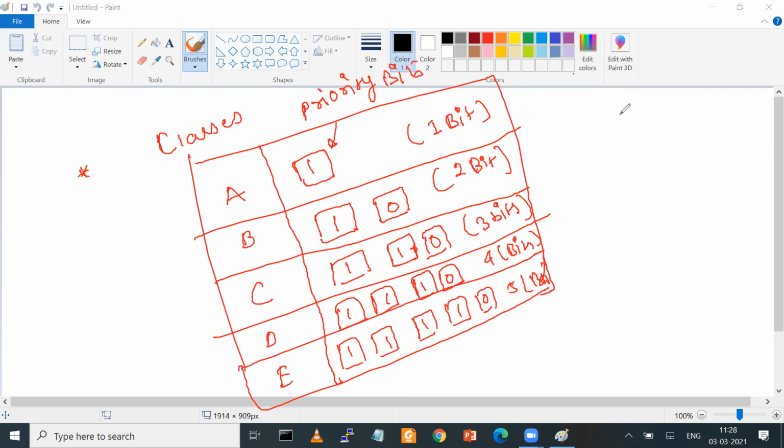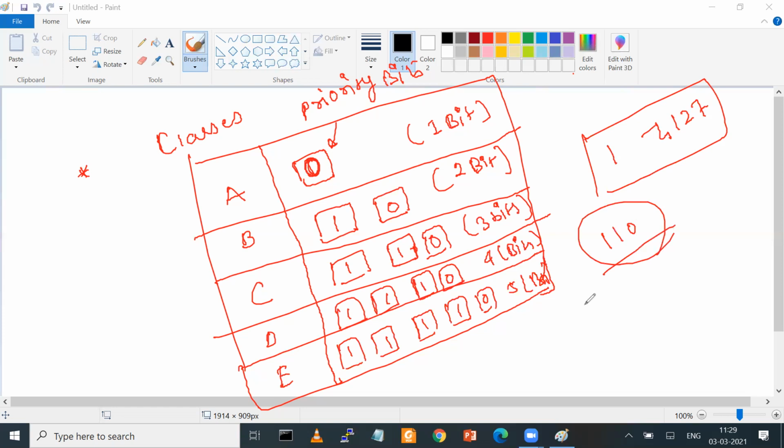See, for class A, it should be 0. I just wrote it wrong, I wrote 1. Now let me correct it. So for class A, the range is 1 to 127 hardly. Let's say I type 110. If I convert 110 in this conversion, we are not going to use 128.